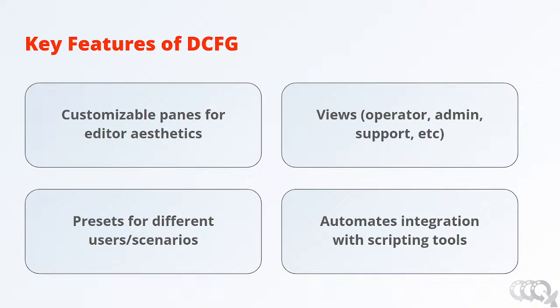And I'm highlighting those four key features of DCFG to show that this is something that you get on top of what is easily made by yourself with little time. I think as soon as you look into customizing panes, into supporting different views and presets, even automating the creation of certain features into your application, these things come at great cost in terms of time that they take to develop.